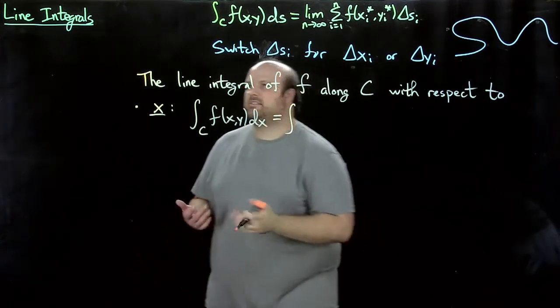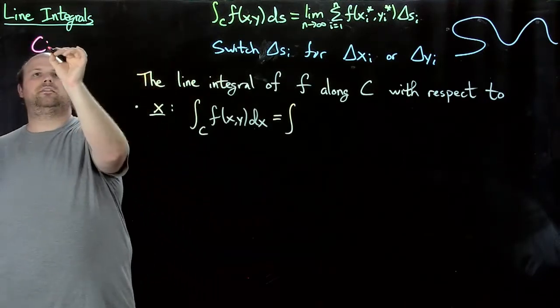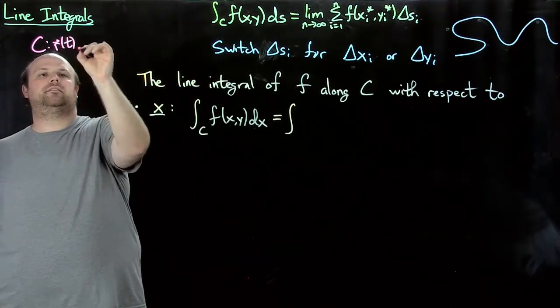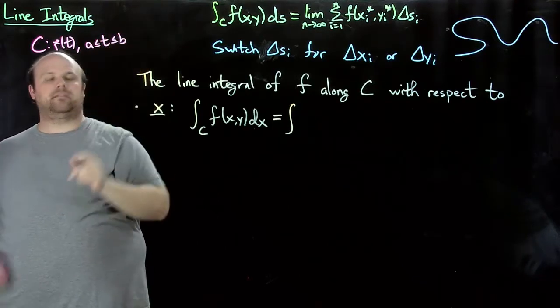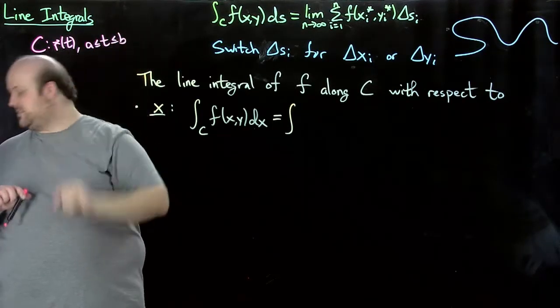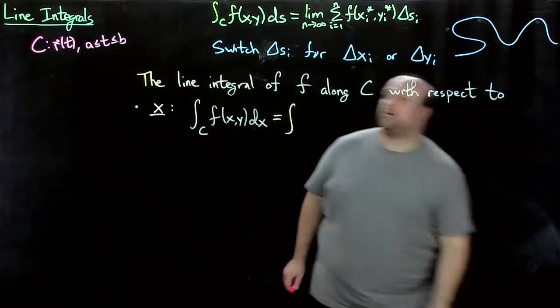Let's actually even go back here real quick and say c is parameterized by r of t, and t goes from a to b. And you know what? Actually, this time, I also want to tell you what r of t looks like.